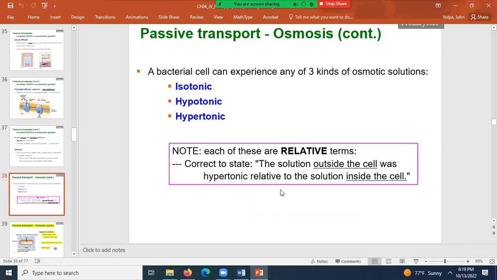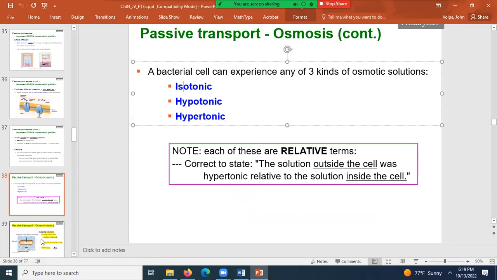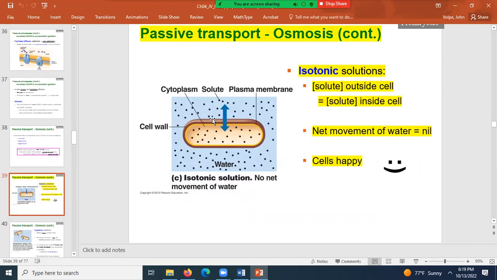And we discuss that as isotonic, hypotonic, and hypertonic. These are defined by the concentration of the solute. Where the solute concentration is equal, that is isotonic. Concentration outside the cell is equal to inside the cell, and so there's no net movement of water into and out of the cell.